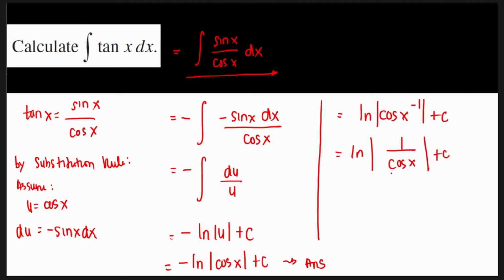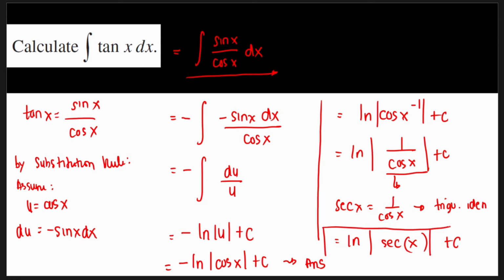So in this term, you can also replace this with the inverse of the cosine x, which is what we know, that secant of x is equal to 1 over cosine of x, from the trigonometric identity. So this is equivalent to ln of the absolute value of secant x plus c.